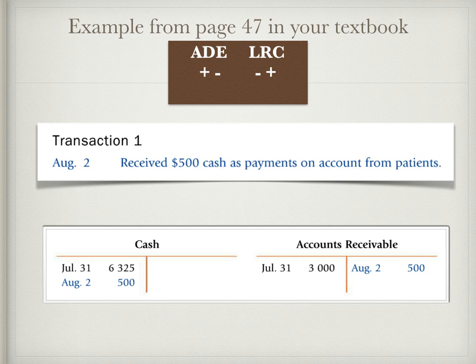But the fact that our patients are paying us means that our accounts receivable is becoming less. The amount of money that patients owe us is reducing. So that's why we're going to record that on the credit side, because accounts receivable is an asset that is going down, and assets decrease on the credit side.